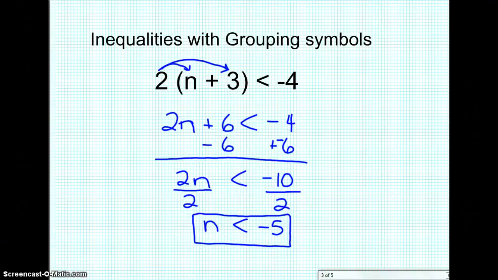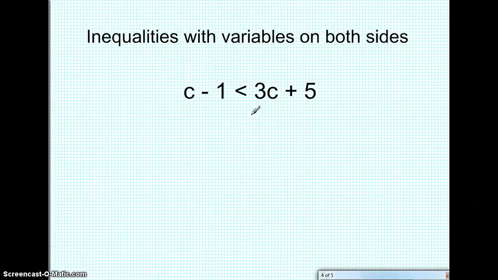I have one last example here. If you remember in the beginning of the chapter, we worked on inequalities with variables on both sides. So before I can do anything with this, just like with the equations, I need to get all of my variables together on one side and all of my constants on the other side. The way I like to do it is to get my terms with variables together first.